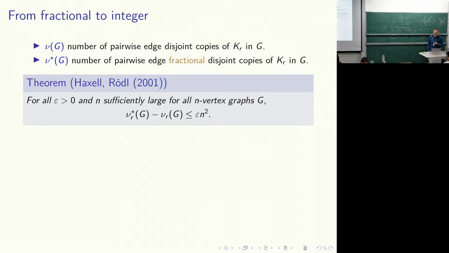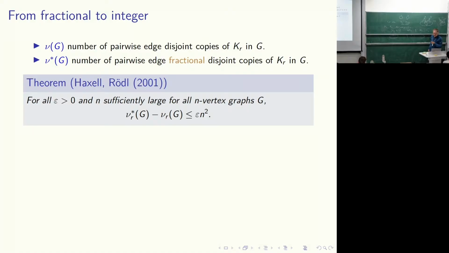The other key tool is that for at least some particular setup, Haxell and Rödl, using the regularity lemma, proved that the number of edge disjoint cliques in a graph and the maximum number of fractional edge disjoint cliques do not differ by more than epsilon n squared.